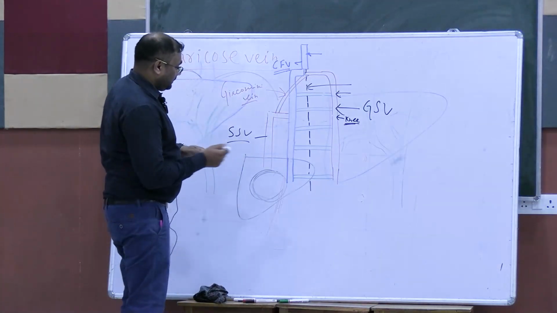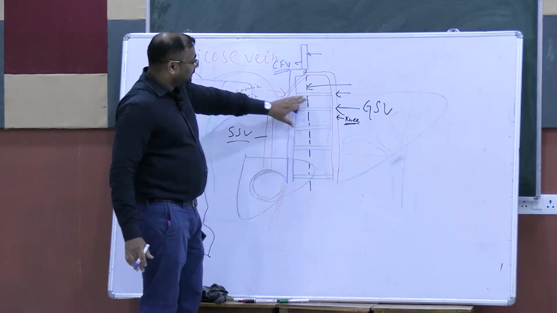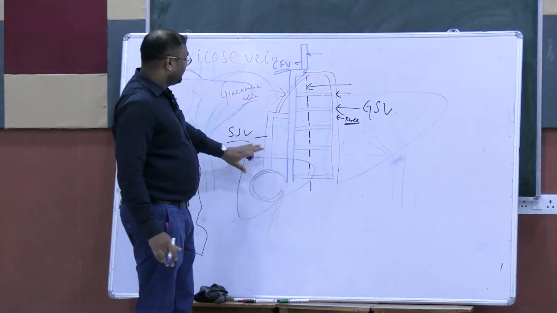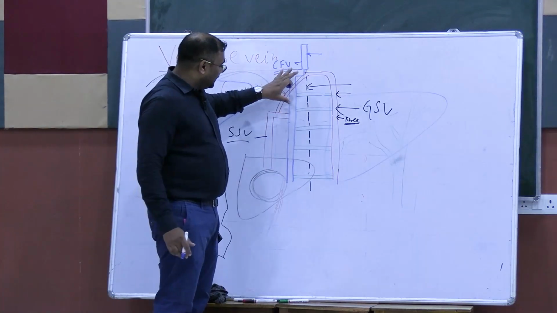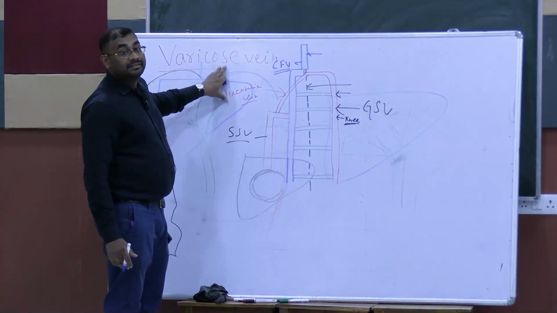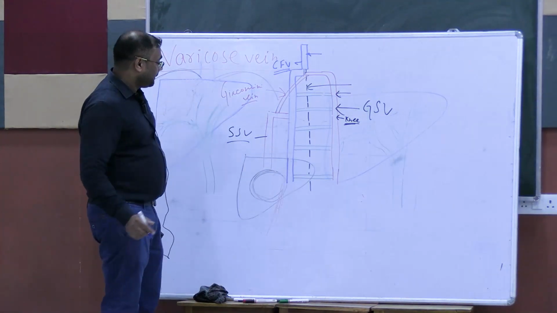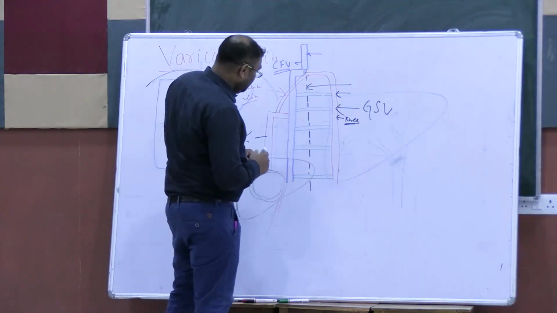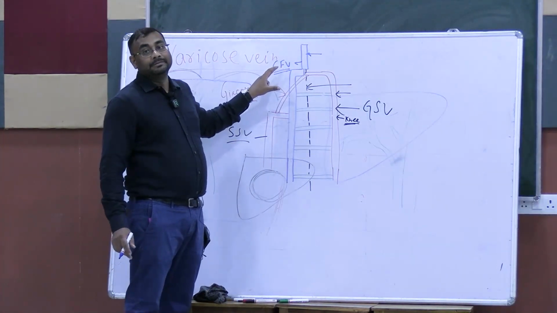So they drain the blood via the deep venous system and the superficial venous system, okay. So any incompetence in either the deep venous or superficial vein will lead to which disease? Varicose vein, okay. So mainly varicose vein affects the superficial vein or deep vein?